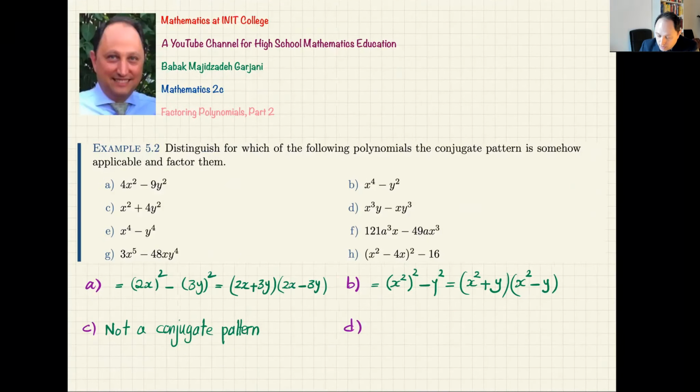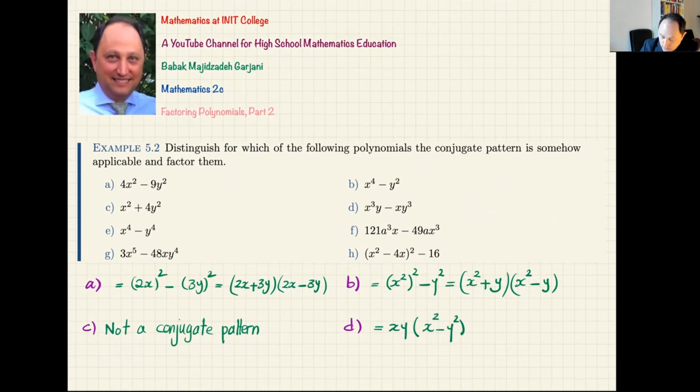So here, what is the common factor between these two? Both have x and y. So I take xy out first. At least you get 1 point here because you factorized it. This is in product form, but it is not complete. Why? Because this factor on its own can be factorized more using the conjugate pattern.